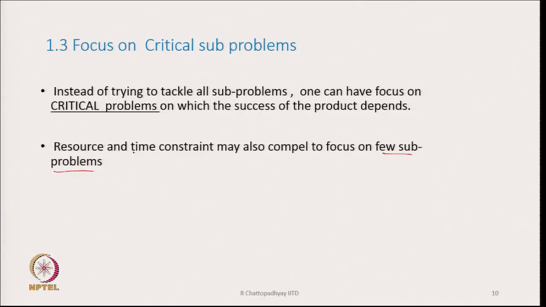Which 4? Those which are most critical in nature. And why are we doing it? Because there may be constraints of time and resource. Therefore, we have to bring it down from 8 sub problems to 4 sub problems, or maybe 5 sub problems, whatever it is.